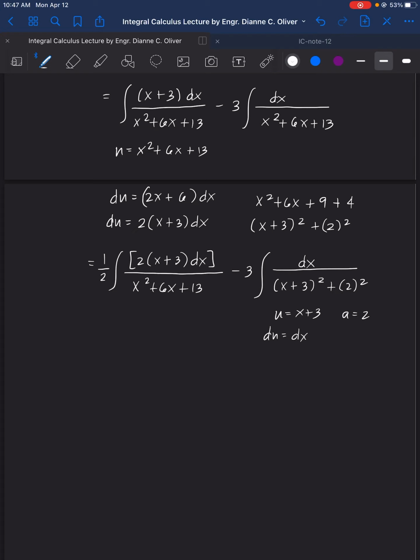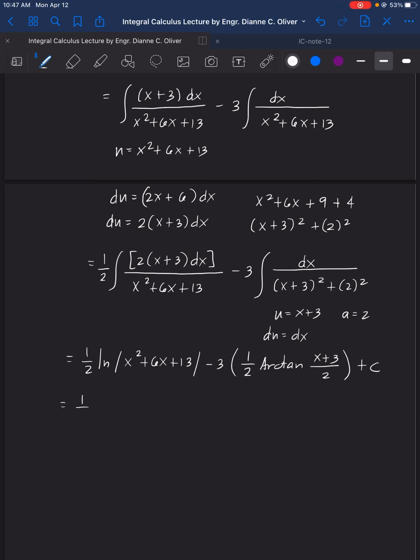Okay. Therefore, the final answer here is equal to 1/2 ln of x squared plus 6x plus 13 minus 3 times 1 over a for arctan. So 1 over a here is 1/2, arctan u over a plus c.